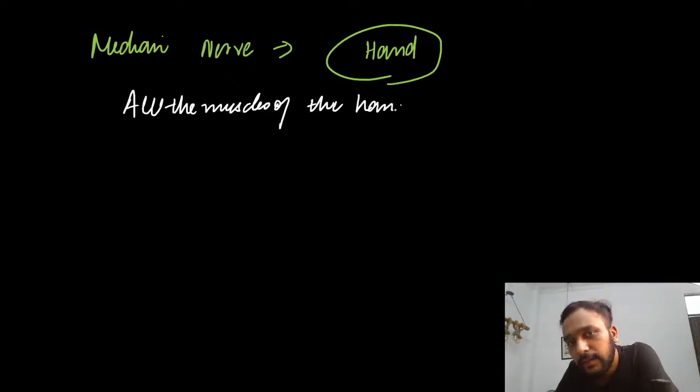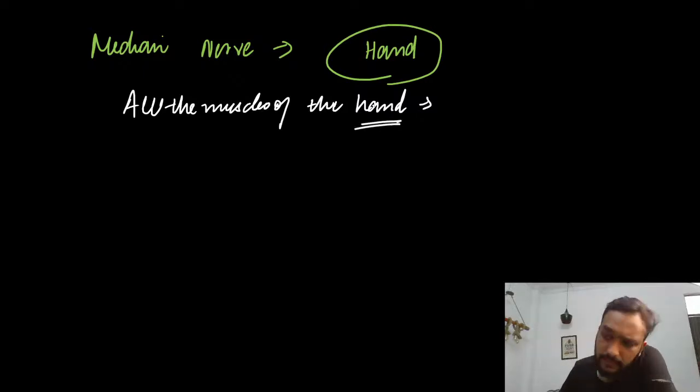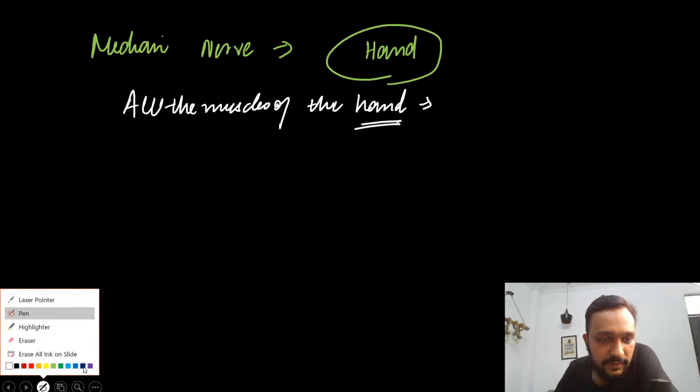Not abductor pollicis brevis. All the muscles of the hand are supplied by which nerve, guys? Come on, guys, you have to be fast. This is a revision session.